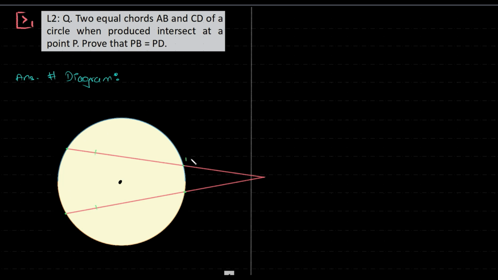So we have AB and we have this to be CD. They're meeting at P. I think the other way around also we can prove it, but I'll just take it in this order. Prove that the entire length is equal to this entire length.